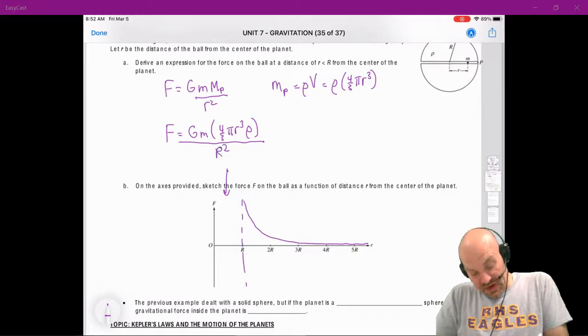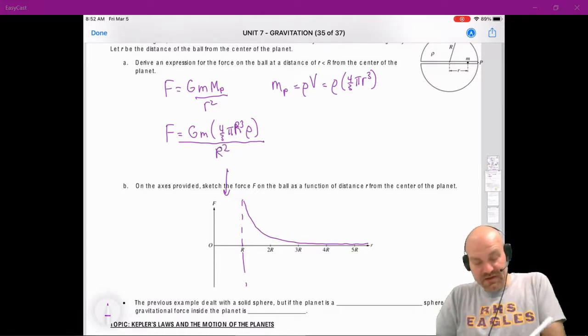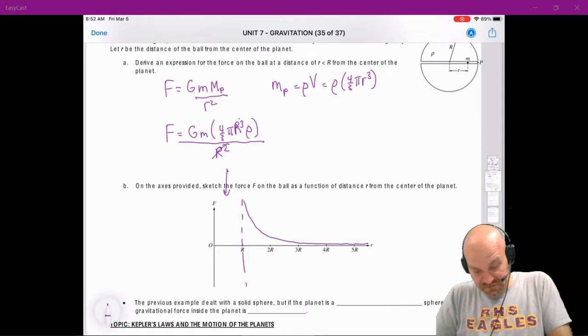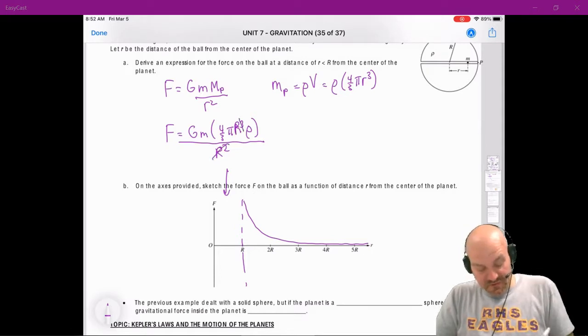And so what happens is these two R's cancel that R up top, and I get a simplified version of the formula. F equals G times the mass of the object. Let's write this with our constants first, and our constants are 4/3 and pi.